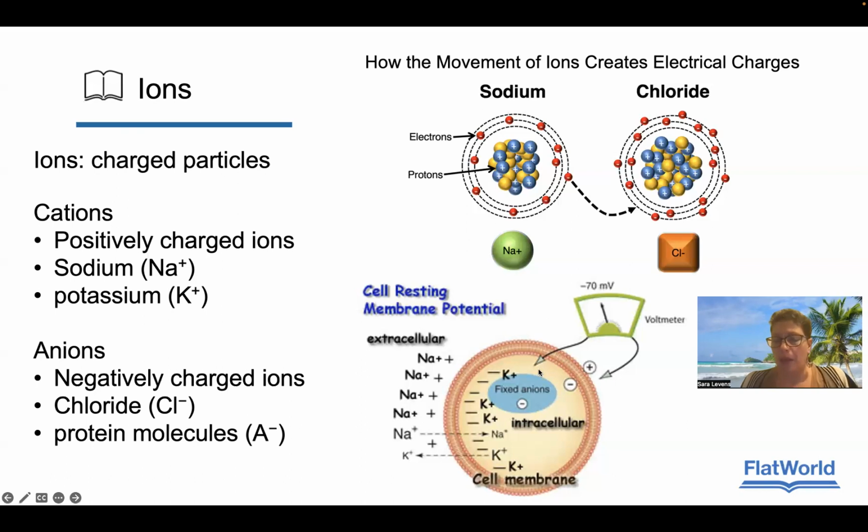The basic balance between the charge on the outside and the inside is negative 70 millivolts. For whatever reason, they set 0 on the outside, and the inside is negative 70 millivolts. The cell membrane is very sensitive to changes in voltage across the membrane. This baseline, negative 70 millivolts, is known as the resting potential of the cell.